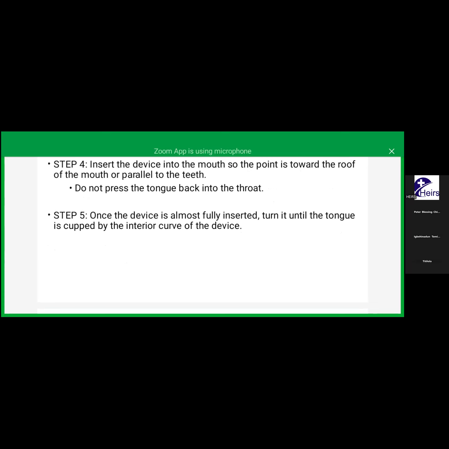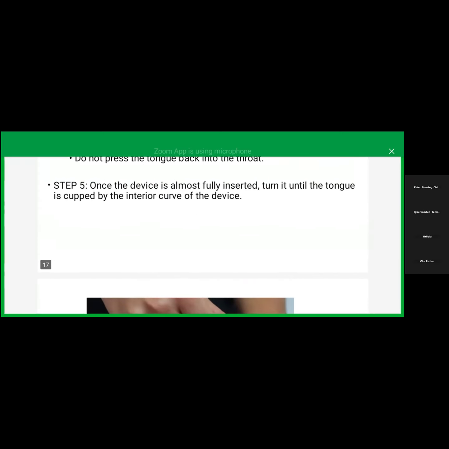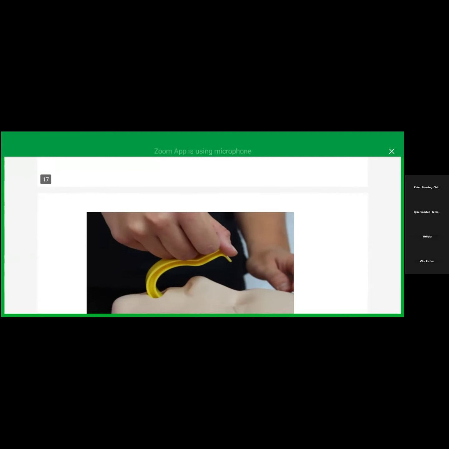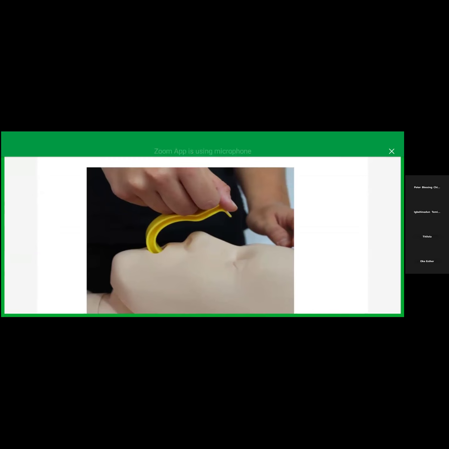That is, we'll just turn it towards the left-hand side in order to make the device fit in. So this is just the picture. The cuff end of the device will enter facing the roof of the mouth, as if it's just facing the brain.